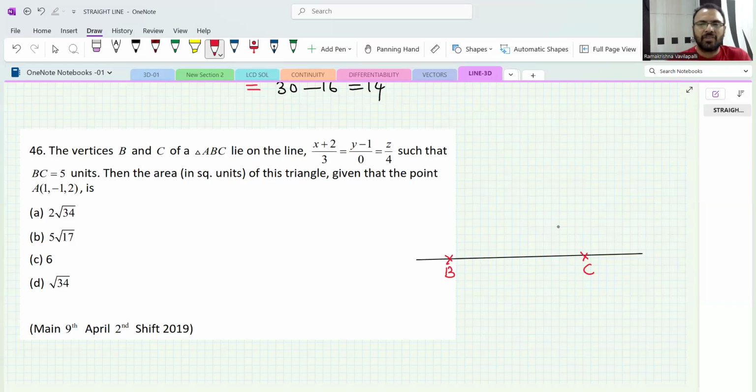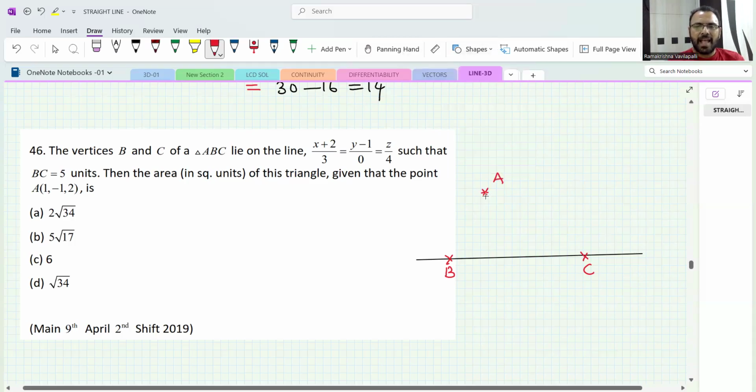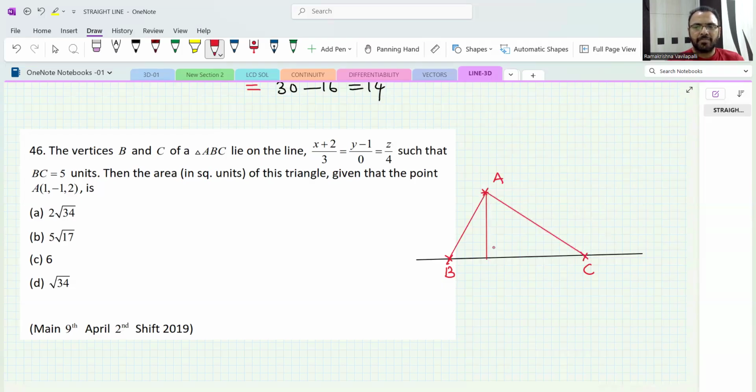So what is the area of the triangle? Assume this is the point A. Let us finish the triangle like this. And we need to find out the height of the triangle. Then you can obtain the distance.